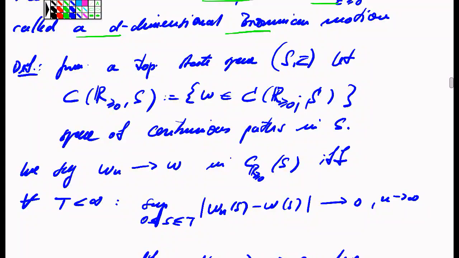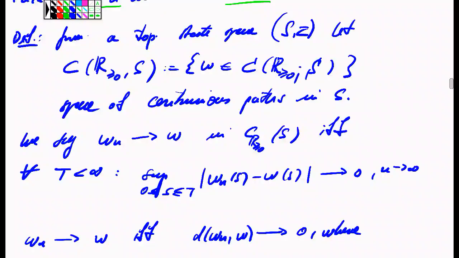So we need a concept of weak convergence of random variables which assume values in the collection of continuous paths. We will introduce a second type of path space.